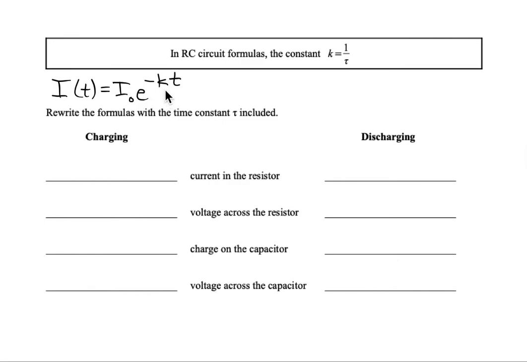What we want to do now is replace the k with 1 over tau, and then rewrite the formula in this new form. It'll look like this. For discharging, we'll just have the same thing.